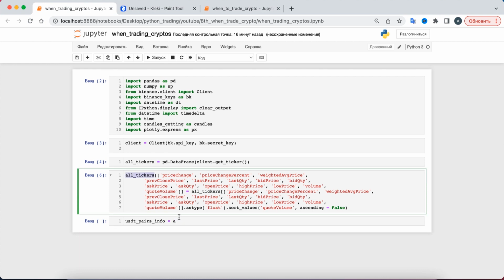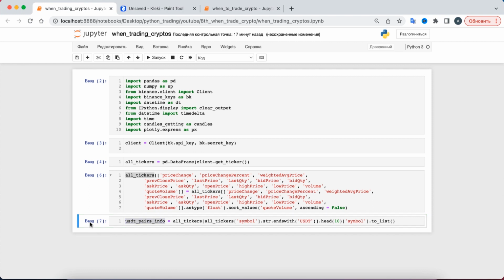I have this data frame and filter it by symbol, and I need to leave only those assets which end with USDT. In this case, I'm leaving only the top 10 symbols and converting them to a list.